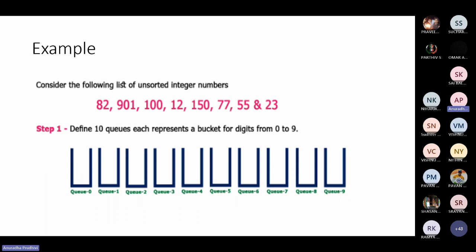See here, 2, 1, 0, 2, 0, 7, 5, 3. What are all these? The least significant digits of the unsorted list. We consider these in an array, and now we take the maximum element from that list. Maximum is 7.